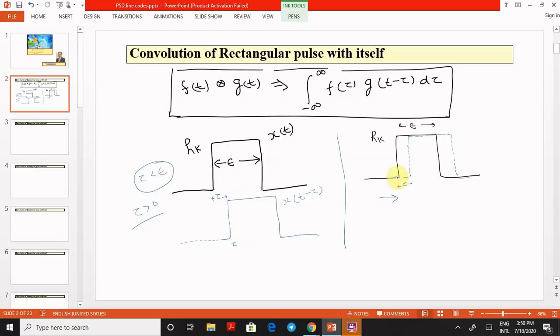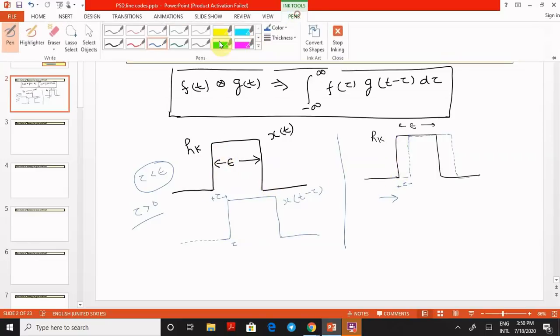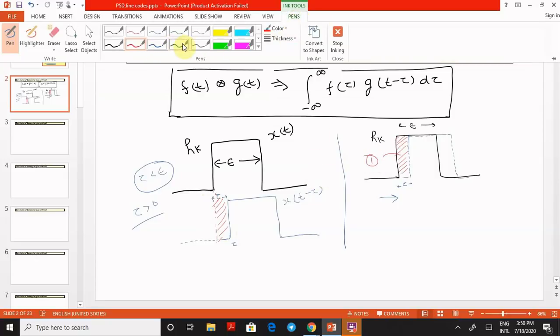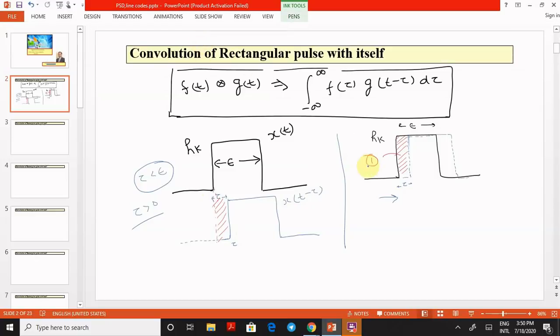One region can be this region, which I mark with the red pen.